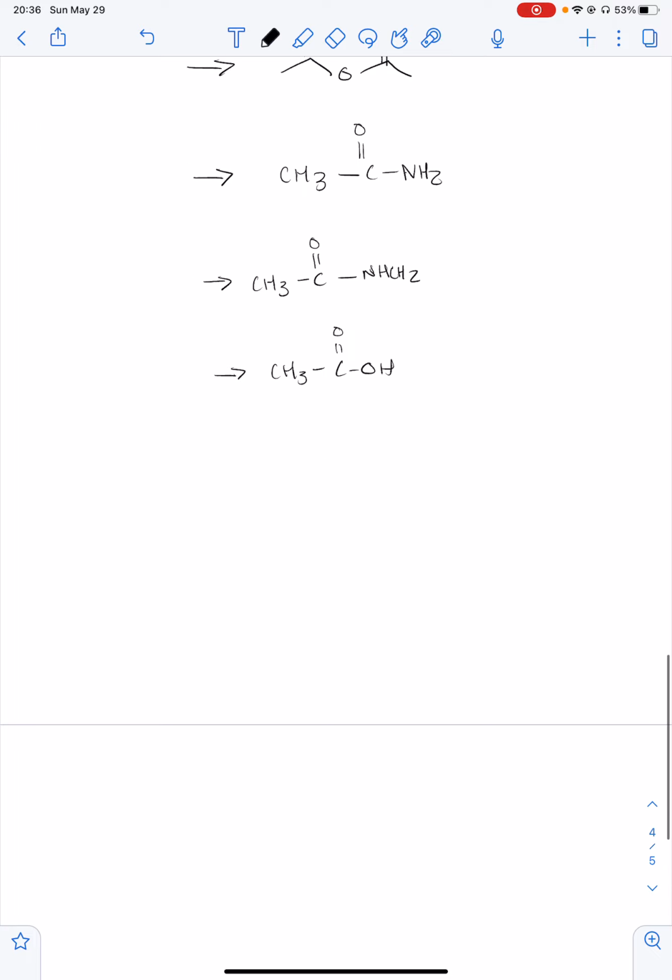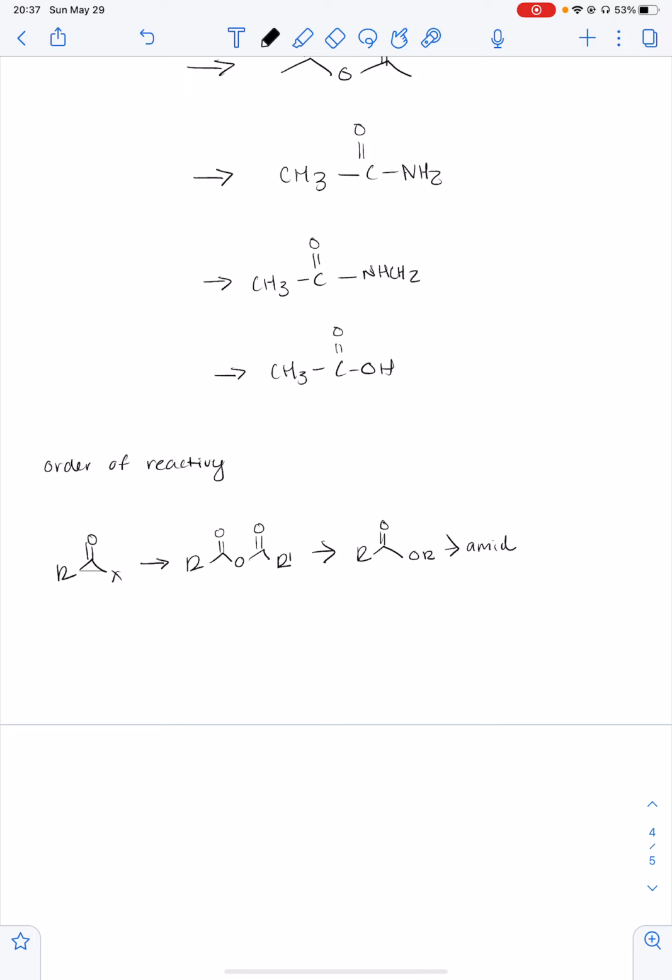And the order of reactivity is acid halides, anhydrides, esters, and amides.